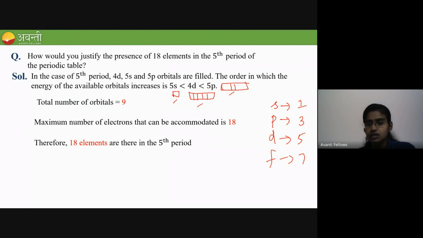Shall I move on to the blocks? Did you all take down the thing? Yes. Okay.